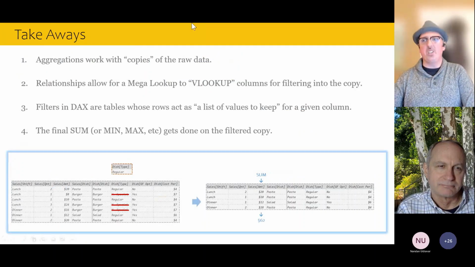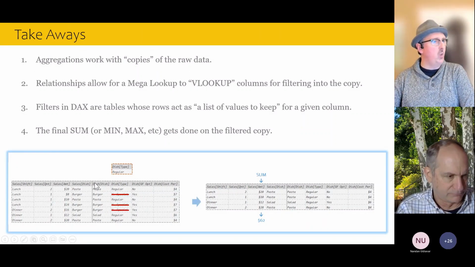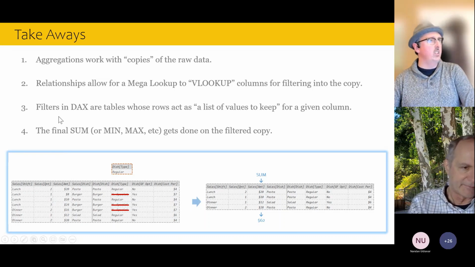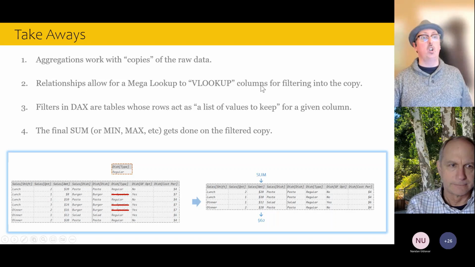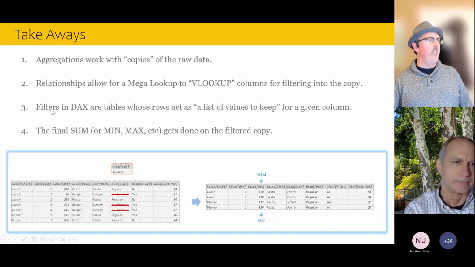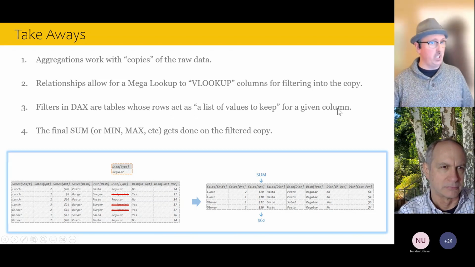So what do I want you to take away? This is what I showed you at the very beginning of the presentation, and I want to show it to you again. I said at the beginning, aggregations work with copies of the raw data, so you're always working with these copies. Relationships allow for a mega lookup to essentially VLOOKUP columns for filtering into the copy, adding these columns down here. Filters in DAX are just tables whose rows act as a list of values to keep for a given column.